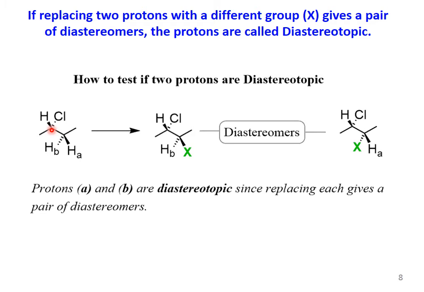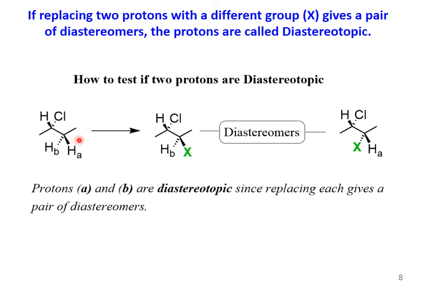When you see that you are getting different configurations at different chiral centers, the relationship between them is that they are diastereoisomers.